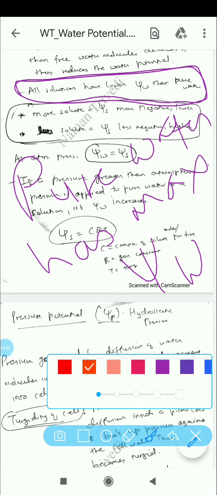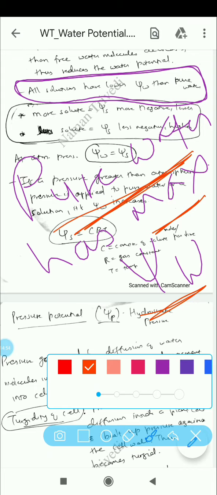When we dissolve the solute, it becomes a solution, and the number of total H2O molecules decreases because of its association with the solute. Hence all solutions will have lower water potential, or psi W, than pure water. That's why we say pure water has maximum psi W.